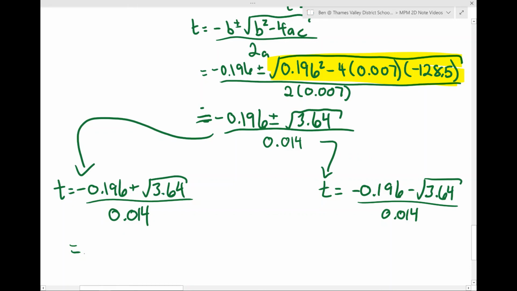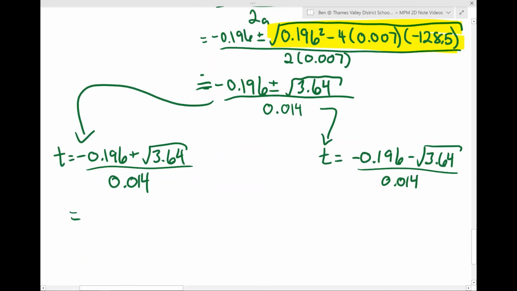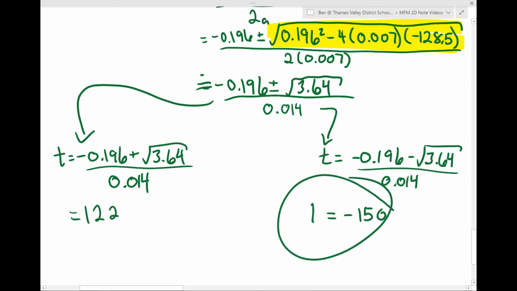Good, and we're working with 122 years on the left side, and on the right side, negative 150 years. Well, we know a negative time is inadmissible.